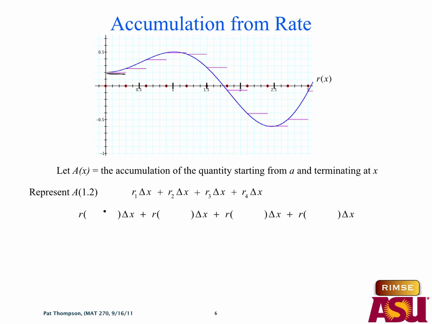Give me a specific number. 0, right? And then the second rate comes from taking r of what value? Remember, a is 0, delta x is 0.3. So this is r of 0.3. And this would be r of 0.6, right? And then 0.9. But can I do better?